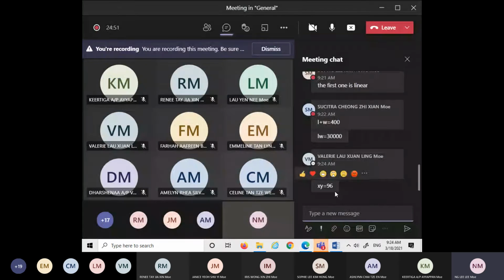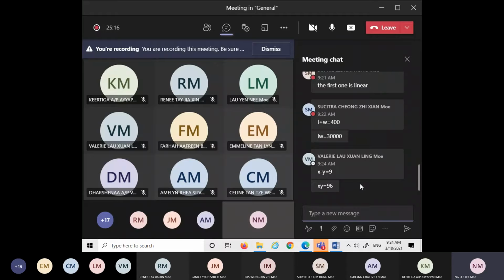Second one, x times y is 96, because the product of the two numbers is 96. Very good. Therefore, the same thing, the first one is linear, the second one is non-linear. Now you see how in all the three examples, you have two equations of two variables, and one is linear and one is non-linear.